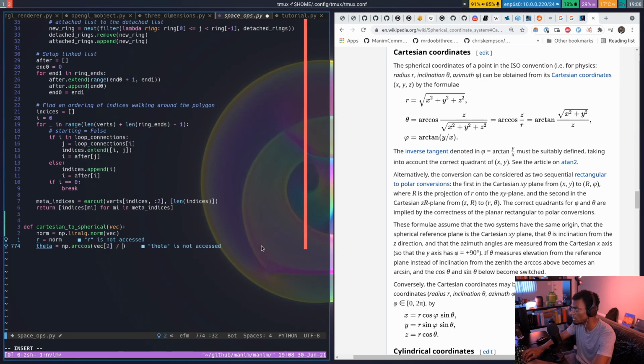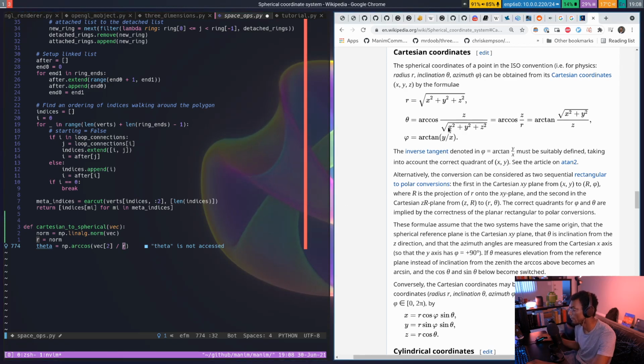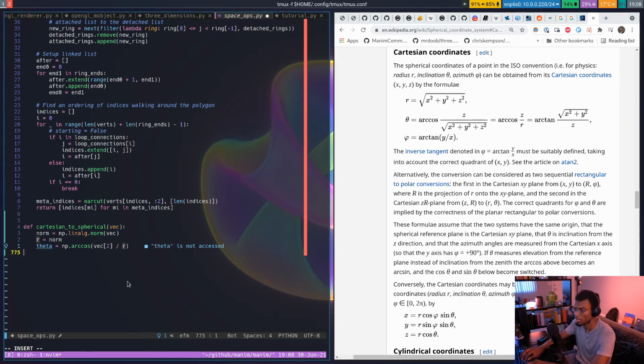This looks like Z divided by that norm. What's the arc cosine Z over R? Okay, I can just do that. For arc tangent, well, I already have this norm. So I'll just do that.